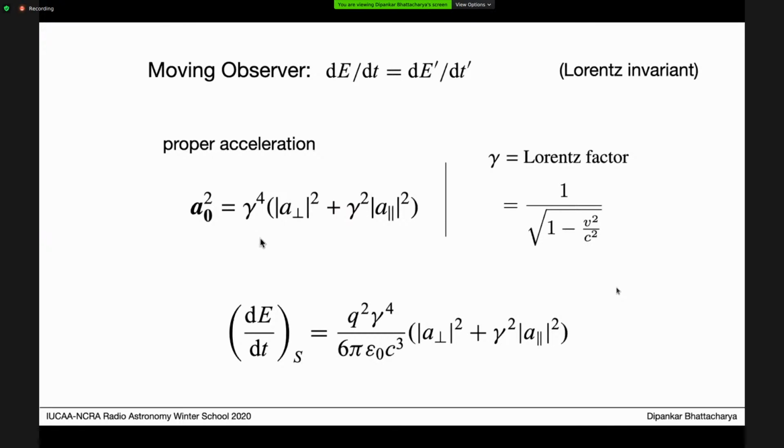So for an observer of a moving charge, the Larmor formula can be rewritten as q squared gamma to the 4 over 6 pi epsilon c cubed, times a perpendicular squared plus gamma squared a parallel squared, where I have just taken a squared, which was there in the previous slide, and replaced it with this expression.